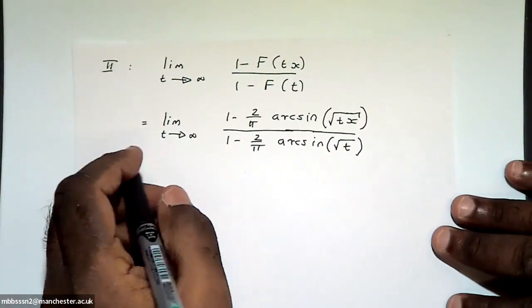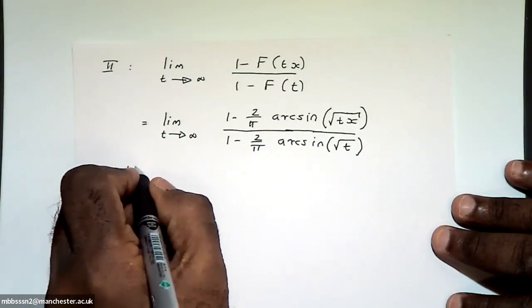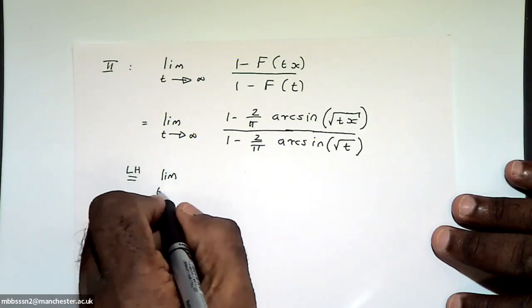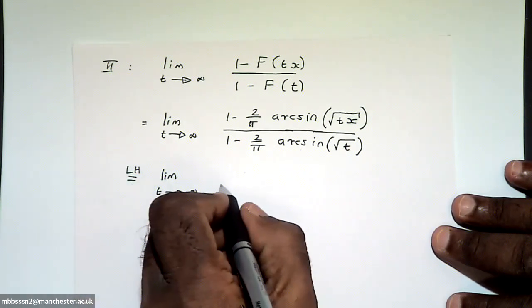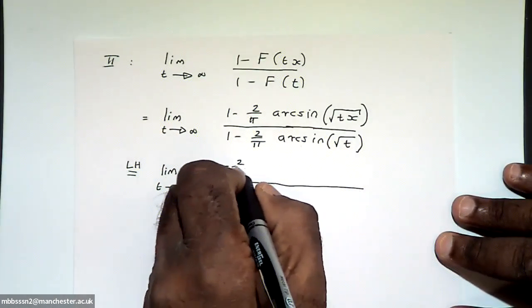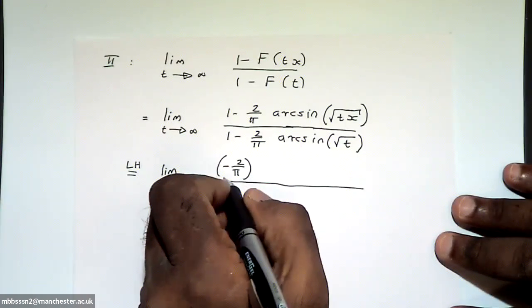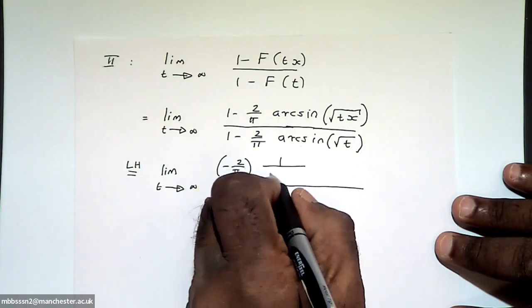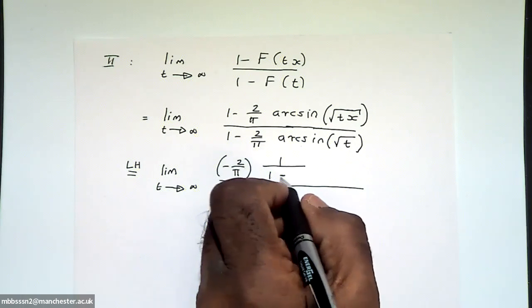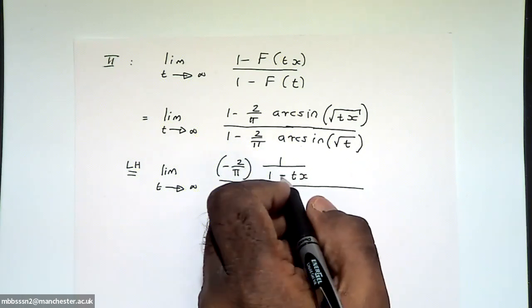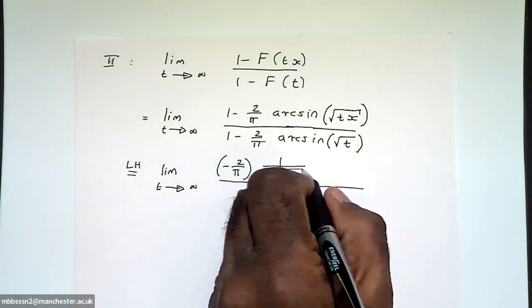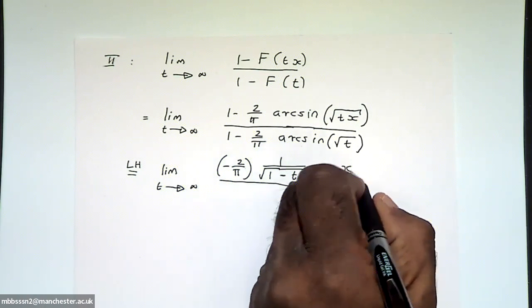All right, now I'm going to use L'Hopital's rule. I'm going to differentiate the top and the bottom with respect to t. In the top, you will get the square root of this times x.